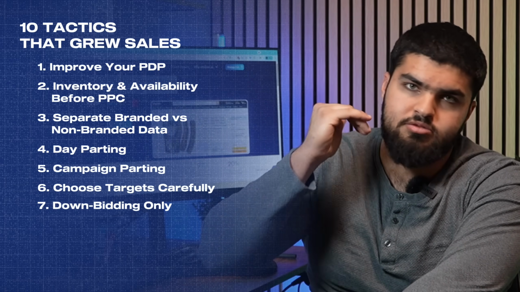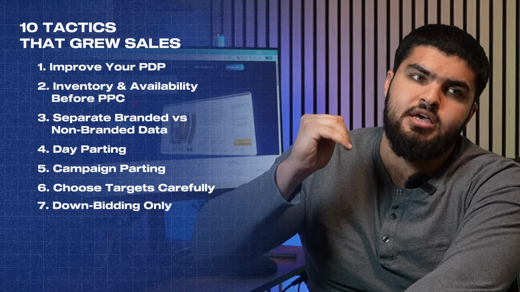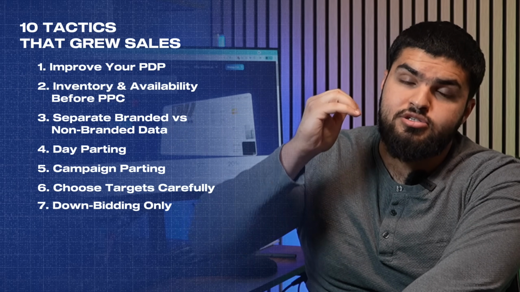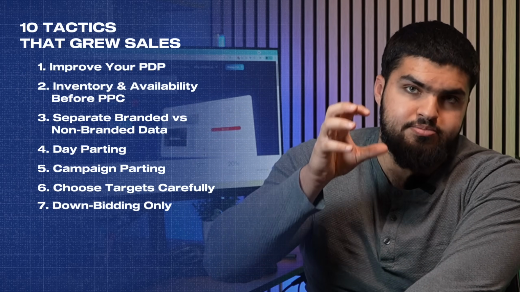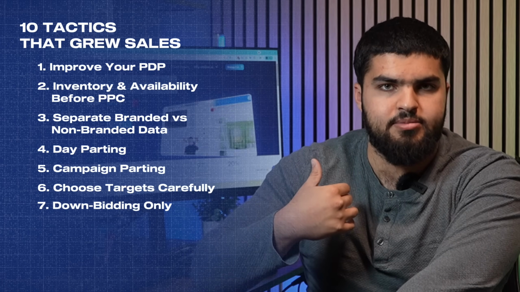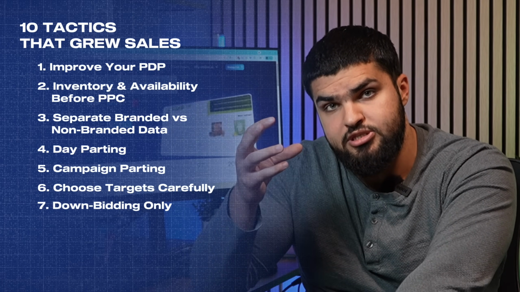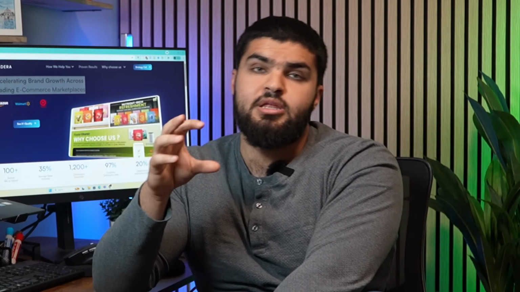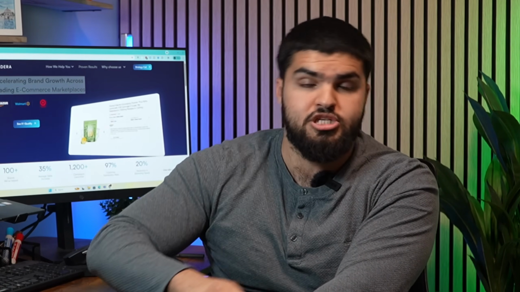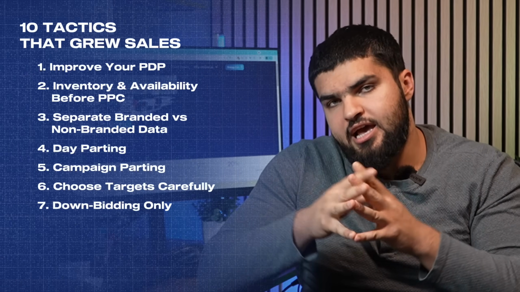They want to get you up as much as they can. But the truth is that their main priority is to make revenue for Amazon. So you want to make sure that you're aligned, that you're spending your dollar as much as you can. So you want to use downbidding, and Amazon is actually pretty good at getting you cheaper clicks at times when relevant.